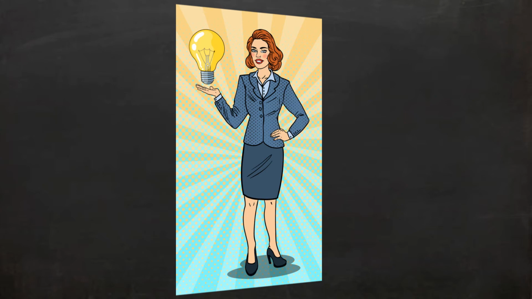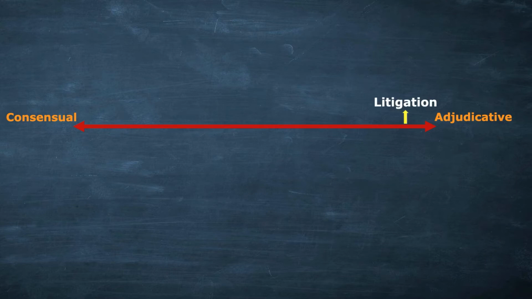So let's first see the first continuum, that is adjudicative and consensual. See where all these four terms fall. The first one is litigation. See how close litigation is towards adjudicative and how far it is from consensual.